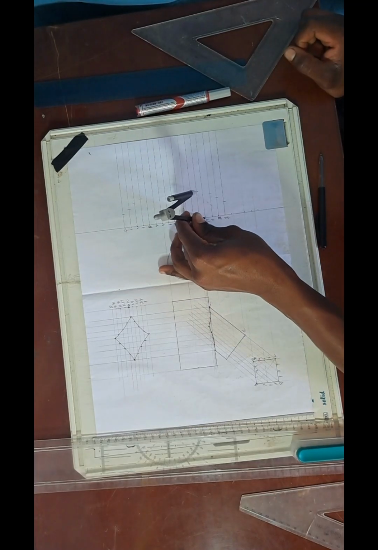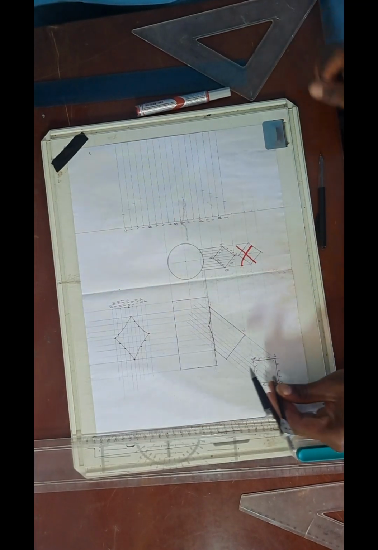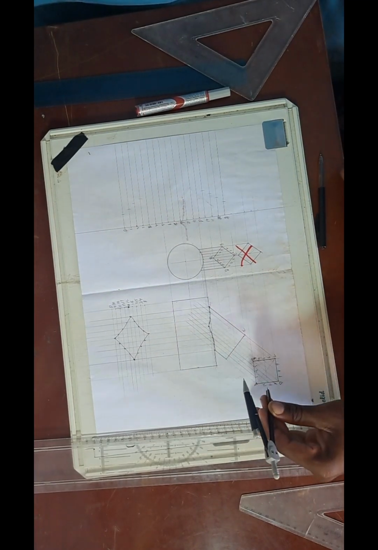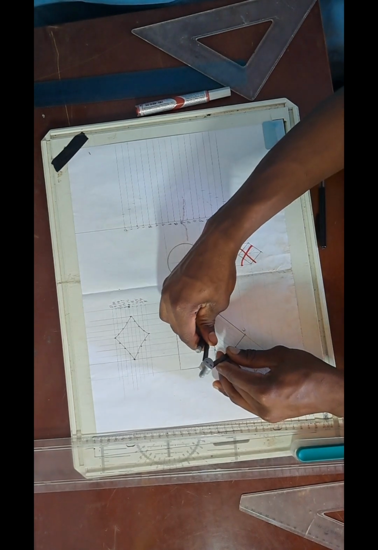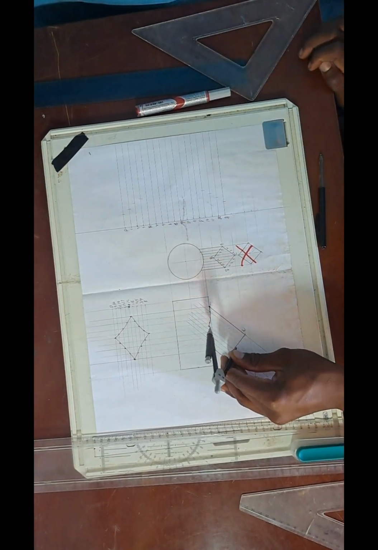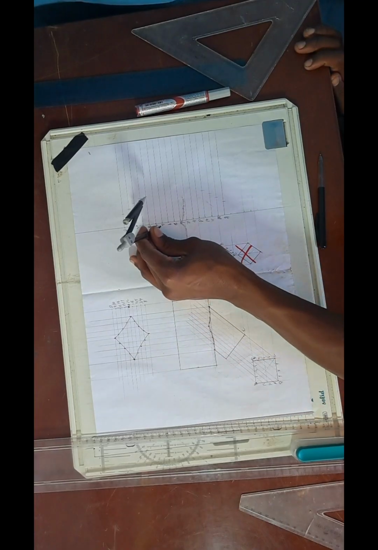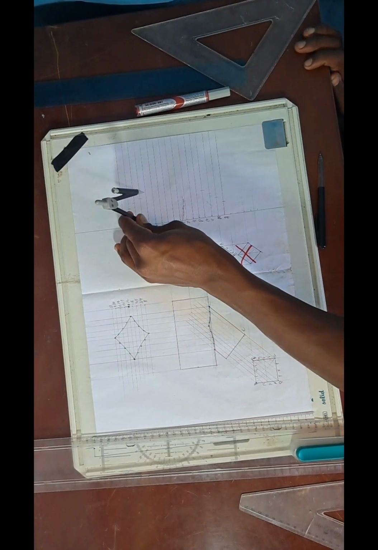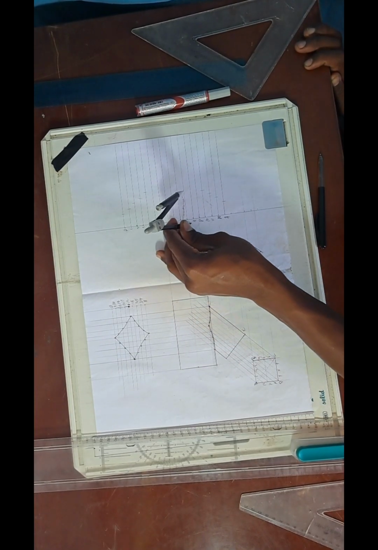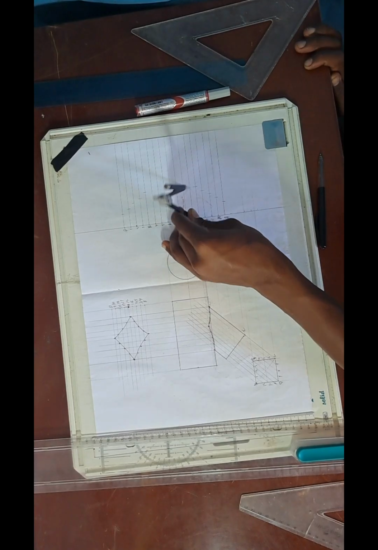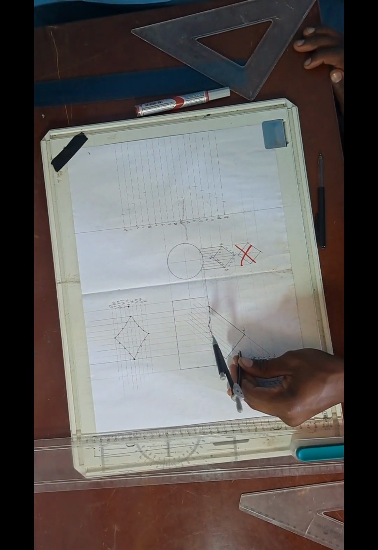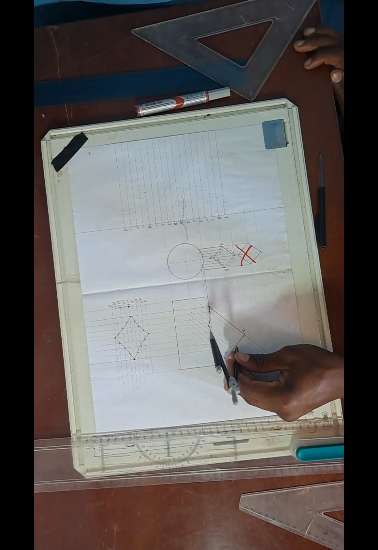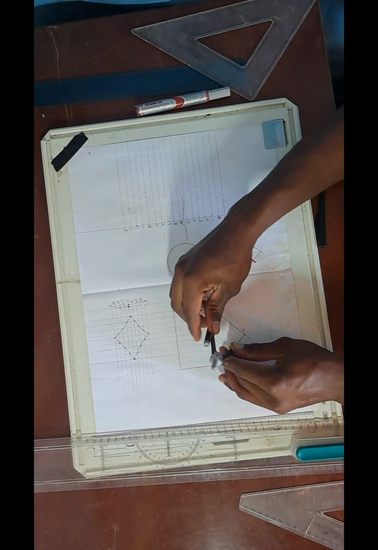We have B and D. Here's my B. Here's my D. We have 4 and 9. 4 here.